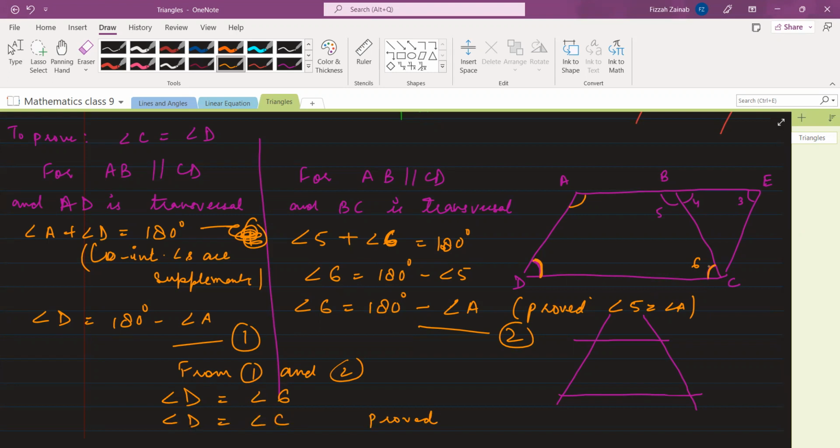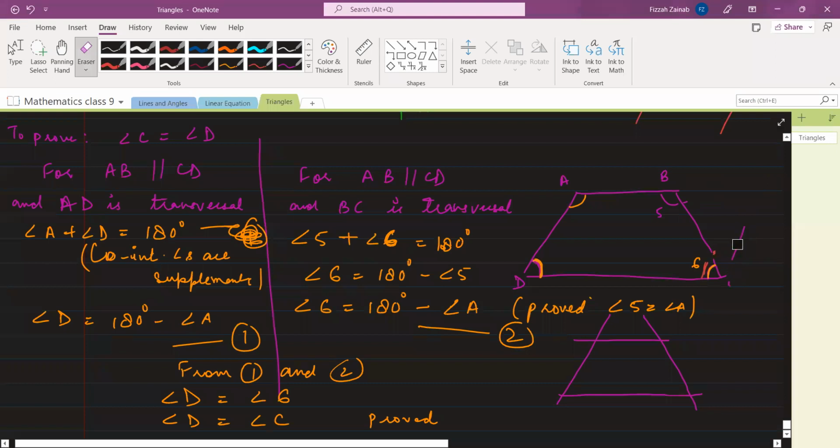Why am I writing 6 here? Because you might get confused that this complete should be angle C, isn't it? Yes, ma'am. Why is this complete not angle C? Because actually this is not part of the figure. This is basically the construction we have done.